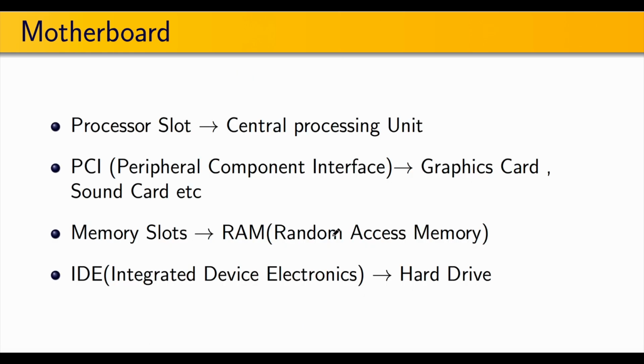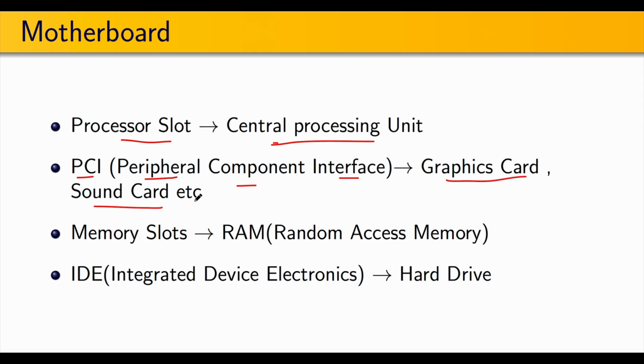So let us see what we saw in the previous slide. We saw the processor slot. This is where the central processing unit sits. Then we have PCI, the peripheral component interface. This is the place where the graphics card or sound card, etc. sits.